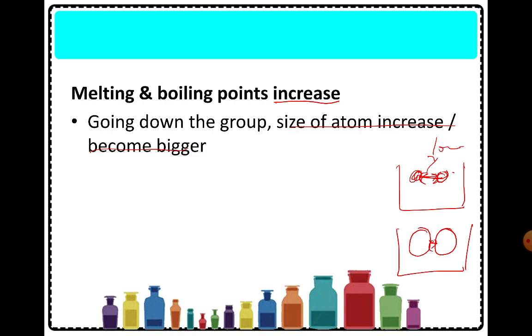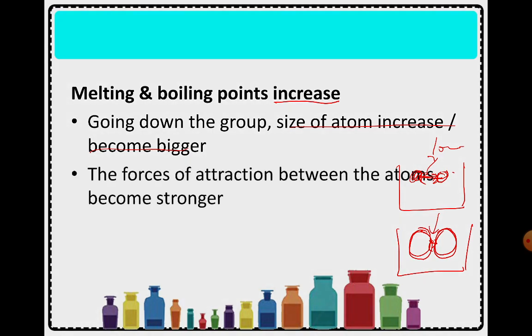So bila jarak makin dekat, the attraction between the molecules will be increased, become bigger. The force of attraction between the atoms become stronger, ya, sebab saiz tadilah. Kita kena sebut pasal saiz. The size of atoms bigger, and then the force of attraction between atoms becomes stronger.